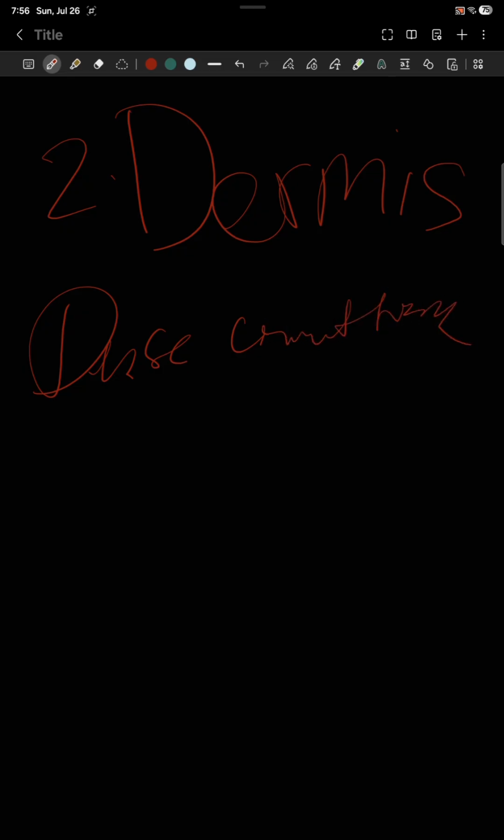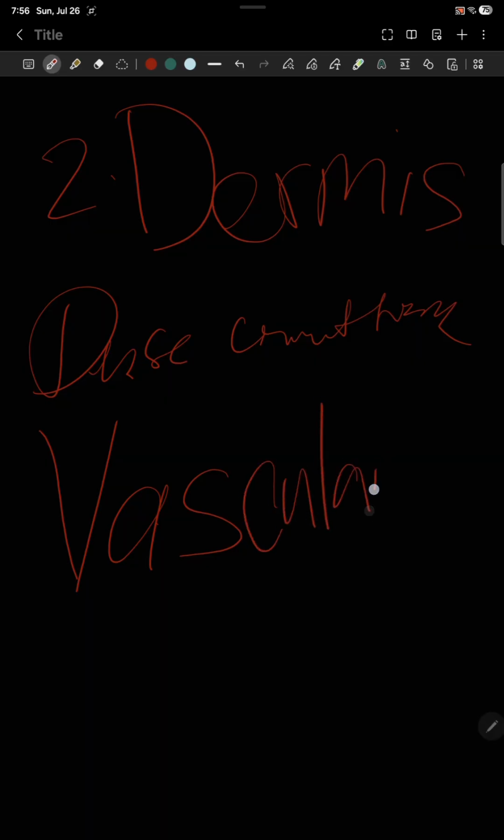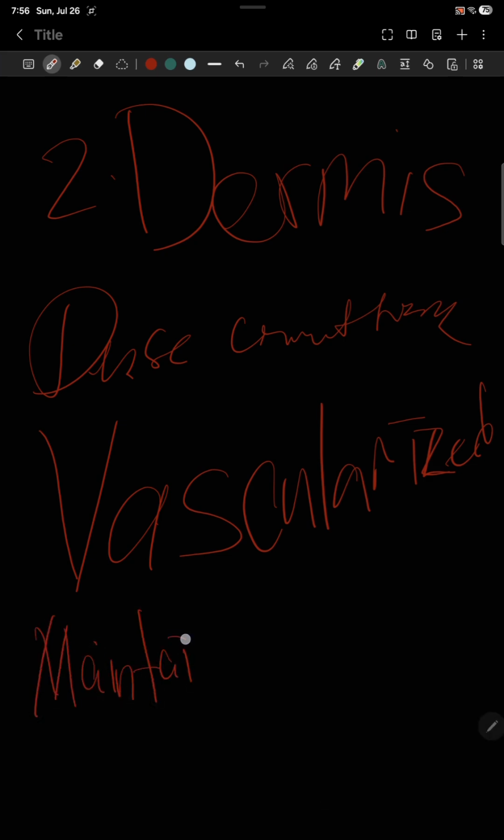No. And dermis is vascularized, means it is abundantly supplied with blood vessels. Okay, that's why. Yep. And dermis plays a role in maintaining our body temperature.